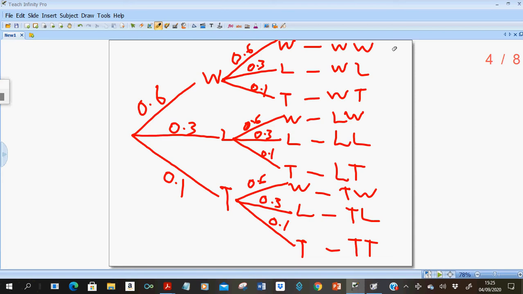So we just have tie-win and tie-lose and lose-tie.